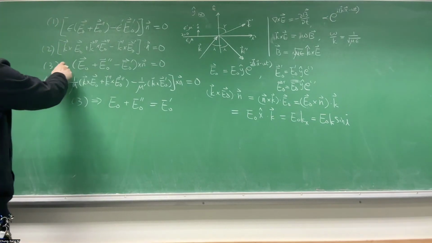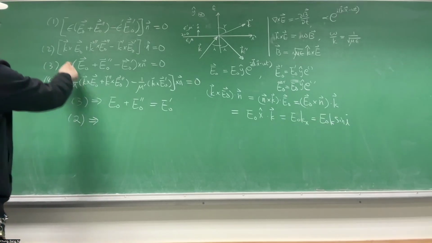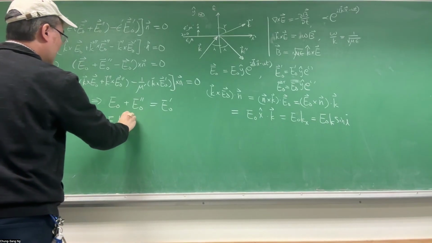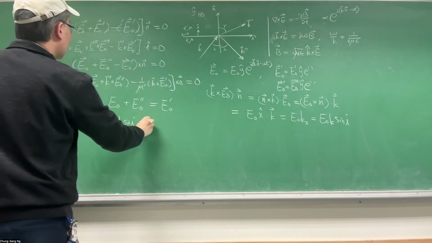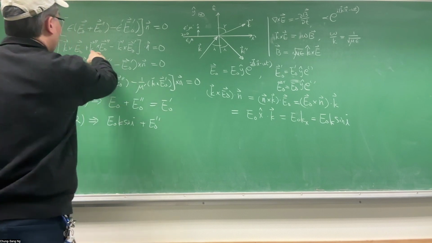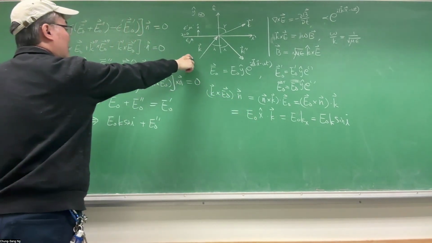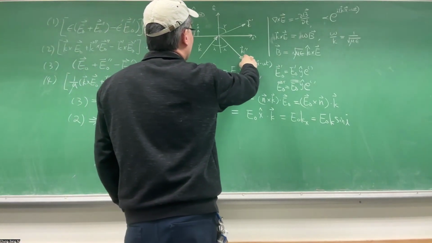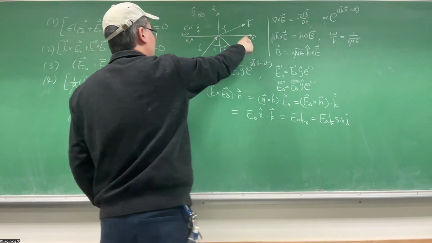So let's use that to see if we get something independent. So this is E0 k sine i. And similarly, this one will give you E0 double prime and k double prime. The magnitude is still k because it's in the same medium. The x component is still the same because the projection is the same.